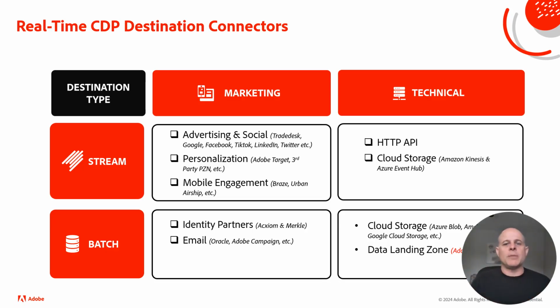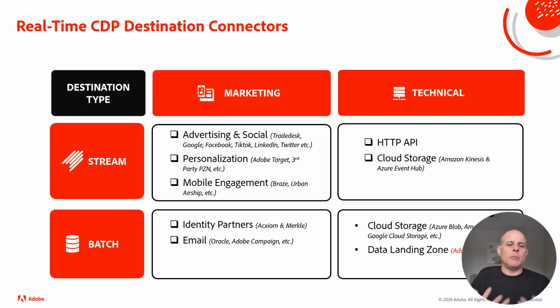And so I might use something like an HTTP API or cloud storage that's listening for a streaming pipeline to populate the data. Whereas from a batch destination connector, I would use more the identity partners or email when it comes to a marketing use case or reason for that connector to be listening.